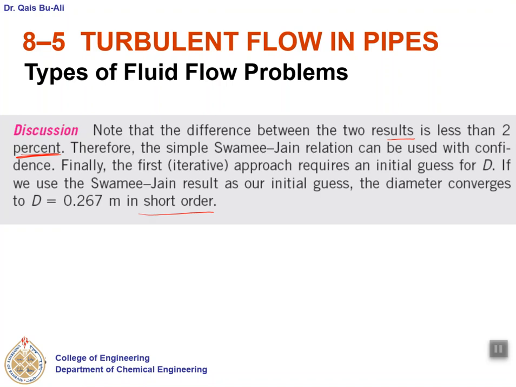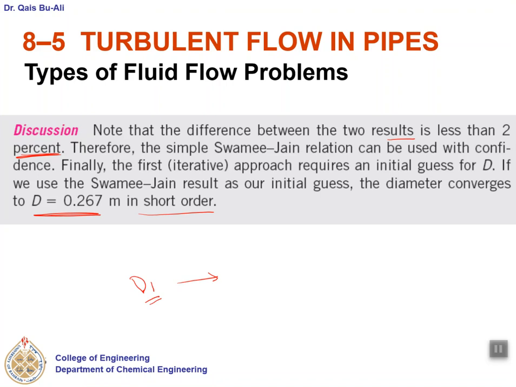As I said, there are these three approaches. The first approach is trial and error, but instead of starting from nowhere, you can start with Swamee-Jain. Swamee-Jain will give you this as your D1, and then you use it in the iterative approach, so that hopefully you will converge fast using the Colebrook equation.